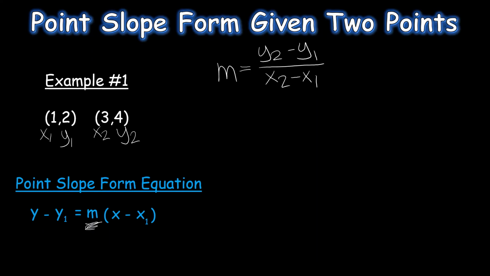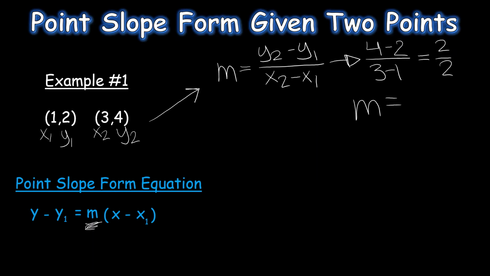Now all we have to do is plug it into this equation here. So we have 4 minus 2 over 3 minus 1. And we calculate that to get 2 over 2, and we simplify it to have m equals 1. So we plug that into our point-slope form equation, with m equals 1.